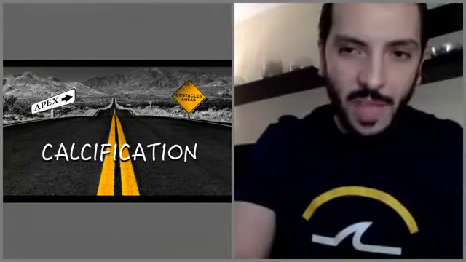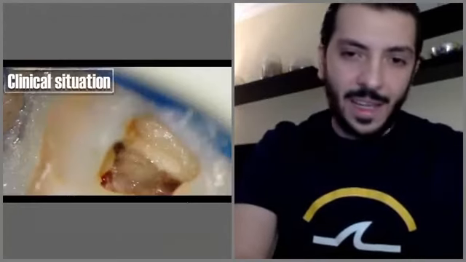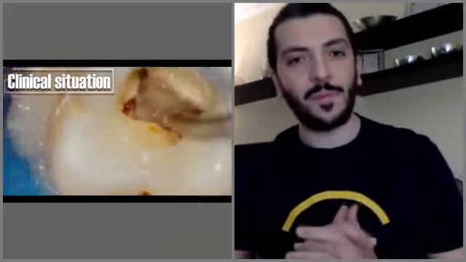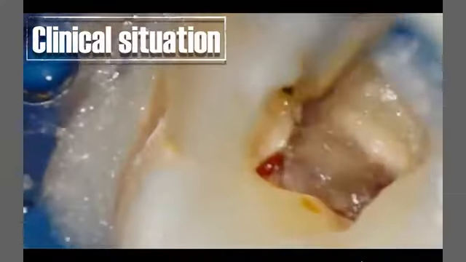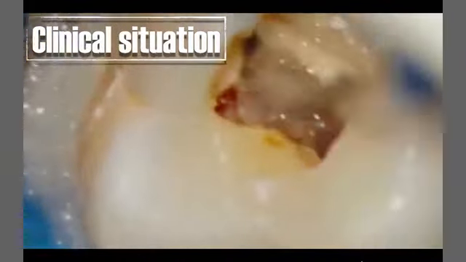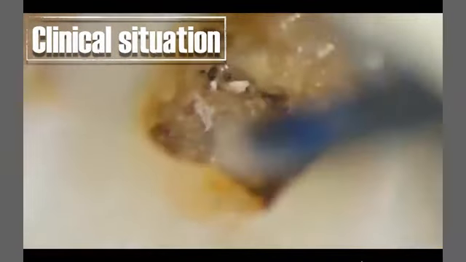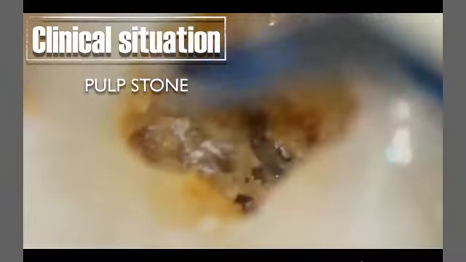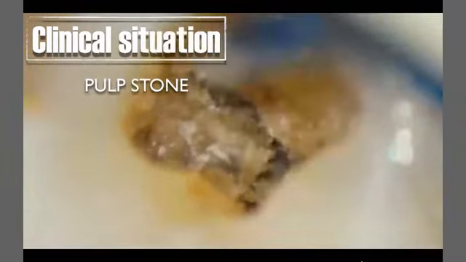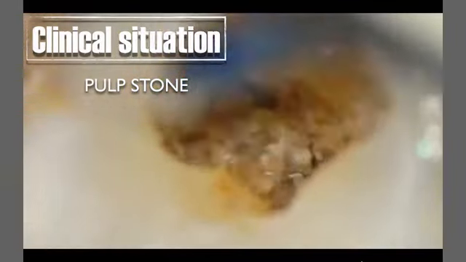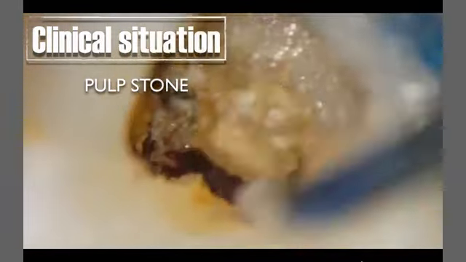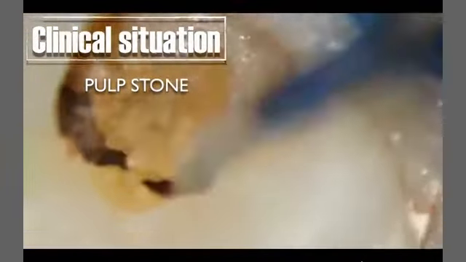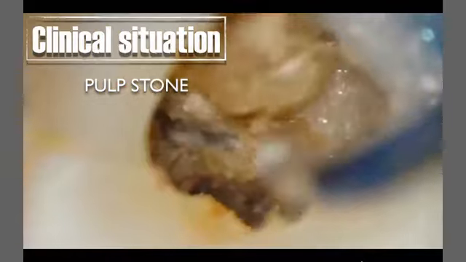Remove these obstacles, and clinically the situation with the calcification may be different. Not all the calcifications are the same. Sometimes we have only pulp stones, as you can see, and this is the simplest calcification case. Maybe we can remove the pulp stone with ultrasonic tips with some magnification. Loupes are more than enough here. Sometimes we have a big pulp stone, so it's a little bit tricky.